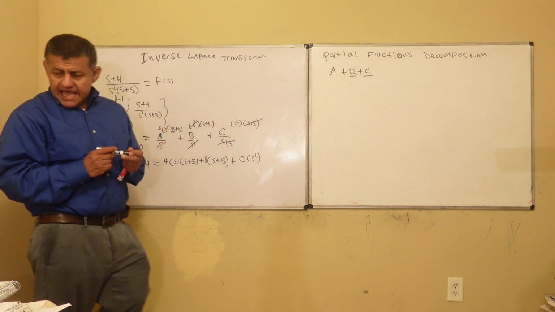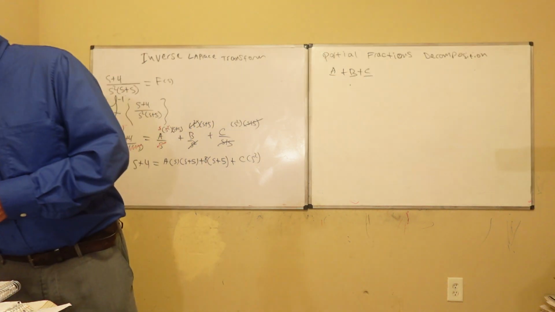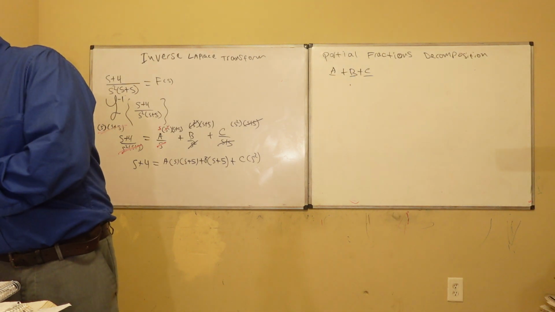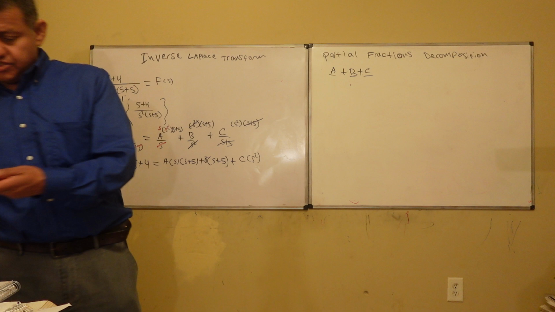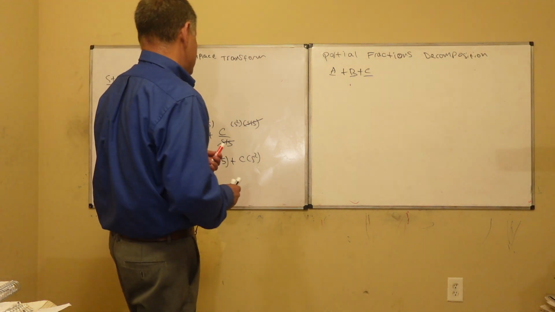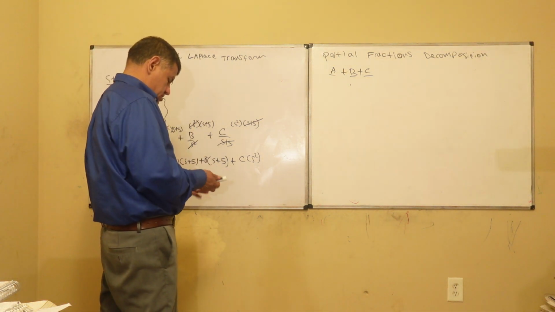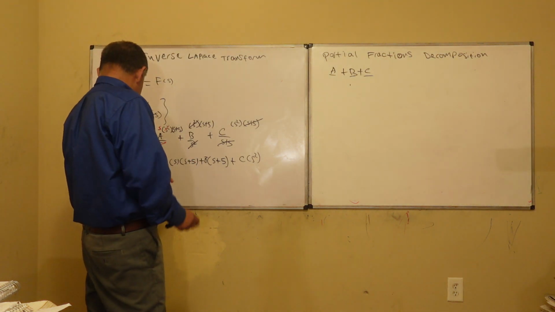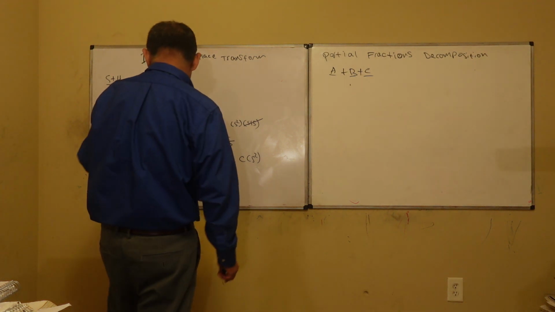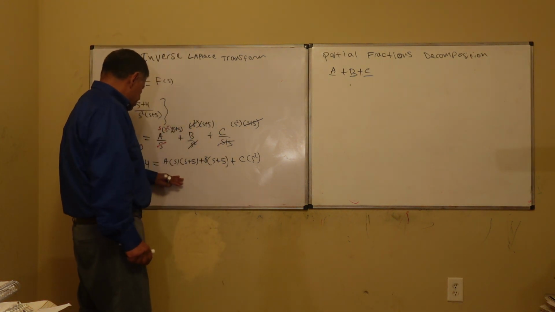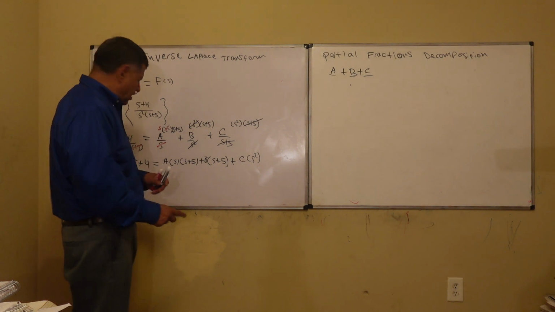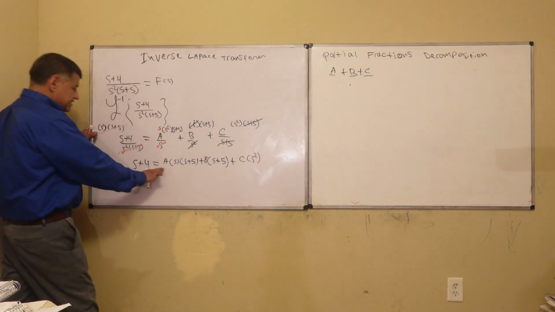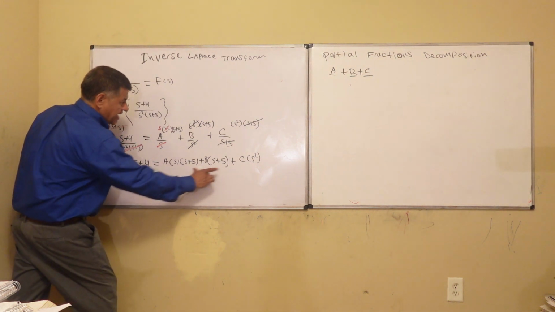Okay, so now that I have this, I can actually start solving the problem, right? So how do I do that? Well, I've got to distribute that guy inside. This has to be distributed, that guy has to be distributed.